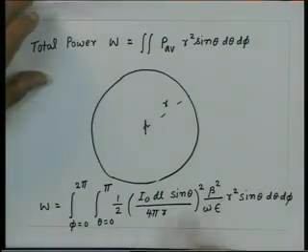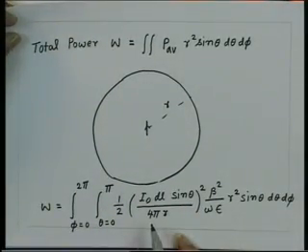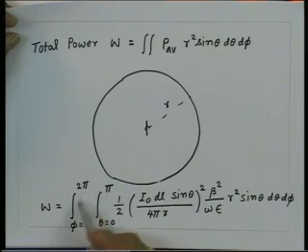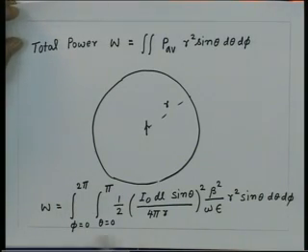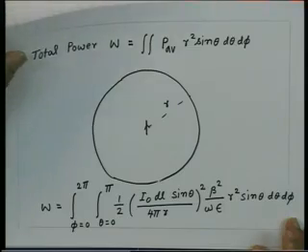Now, there is no phi variation in this expression. So, the phi integral is very straightforward, it will give me the value 2 pi, and the integral is essentially over theta. I have here sin square theta and this sin theta multiplied, that will give me sin cube theta.